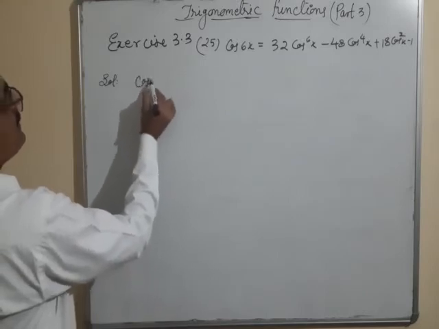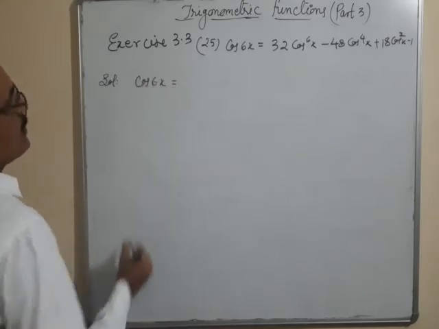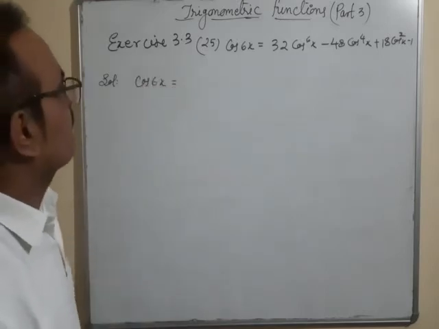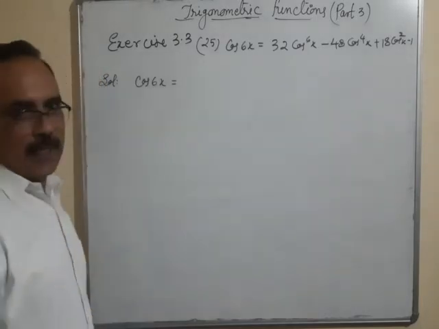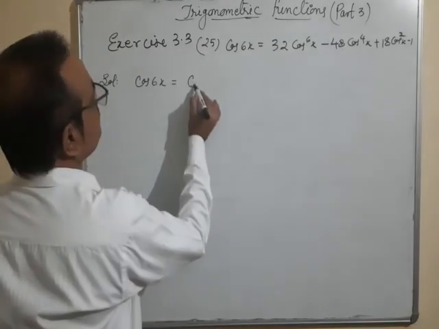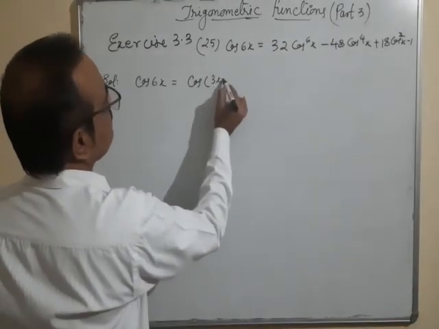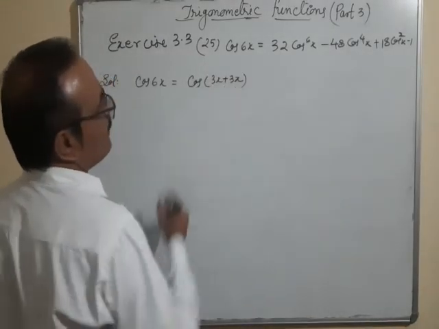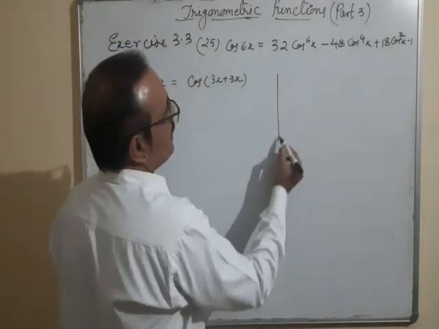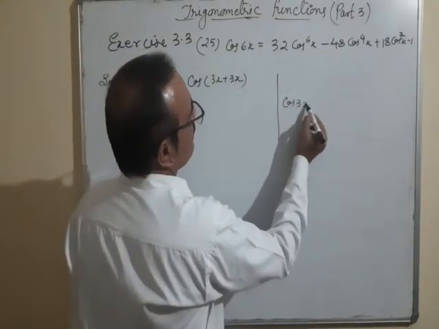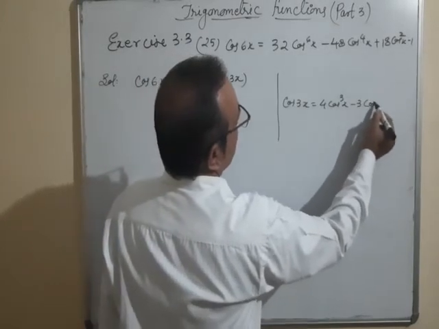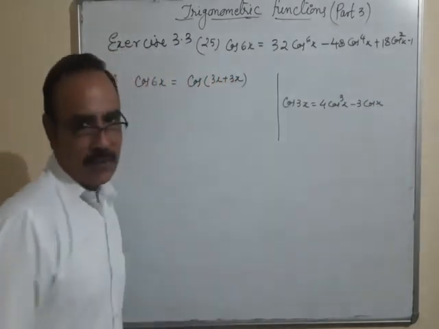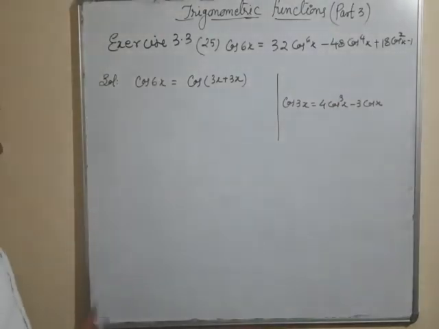Cos 6x is equal to, may I write cos 3x plus 3x? What is the formula of cos 3x? 4 cos cube x minus 3 cos x, isn't it? This is the formula for cos 3x.